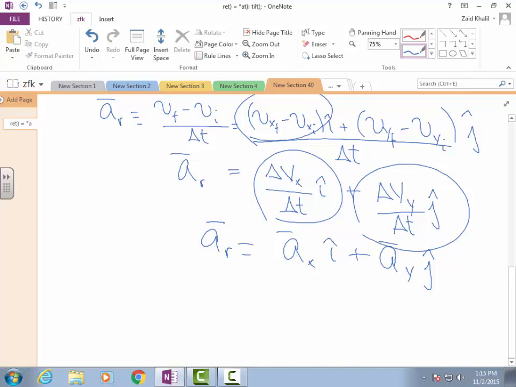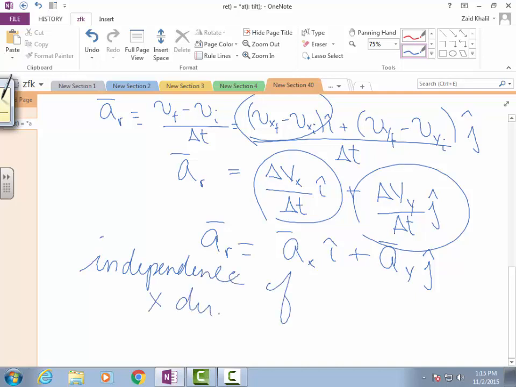This is the time to ask. Notice, what do we have? What is this outline? Complete independence of the x direction and y direction. What happens in y stays in y. What happens in x stays in x.